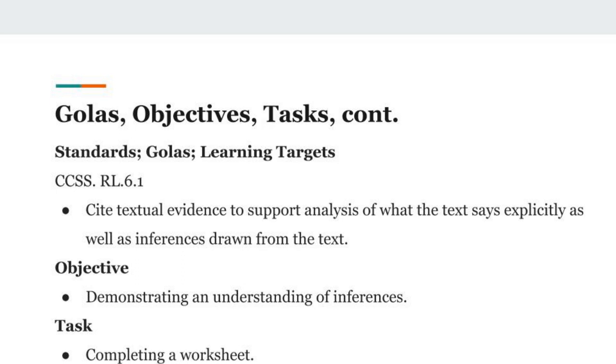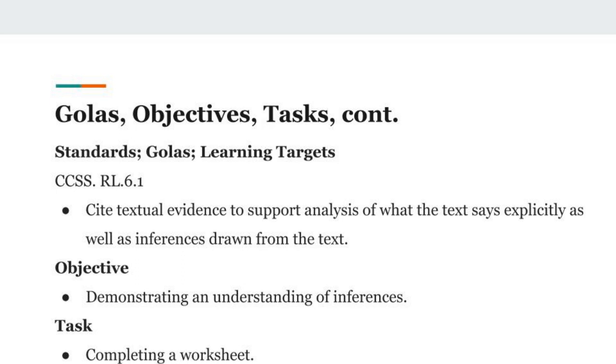To meet this standard, the students are expected to have developed several competencies. They should know how to cite textual evidence. They should know how to analyze the text. They should know how to look for specific pieces of information. They should know how to make inferences and many other skills and sub-skills which come with this specific standard.